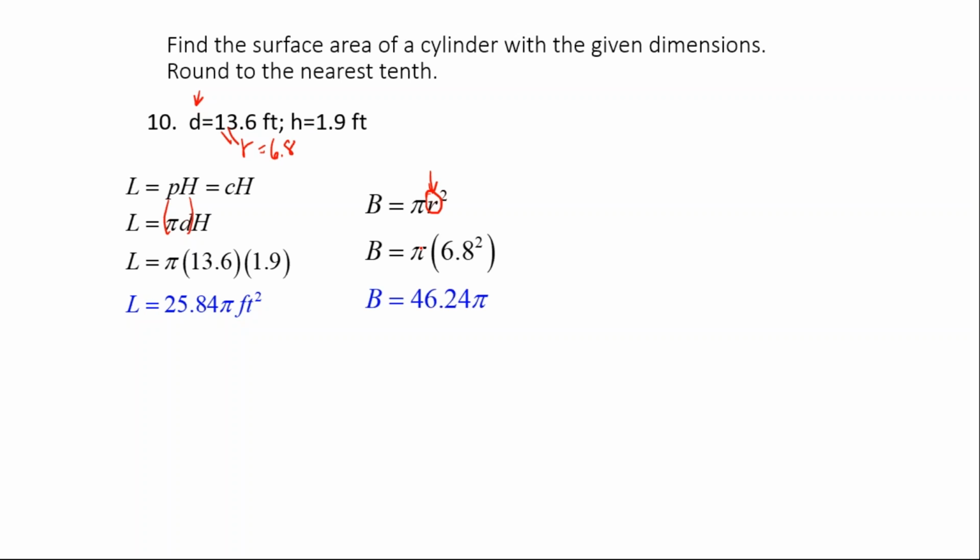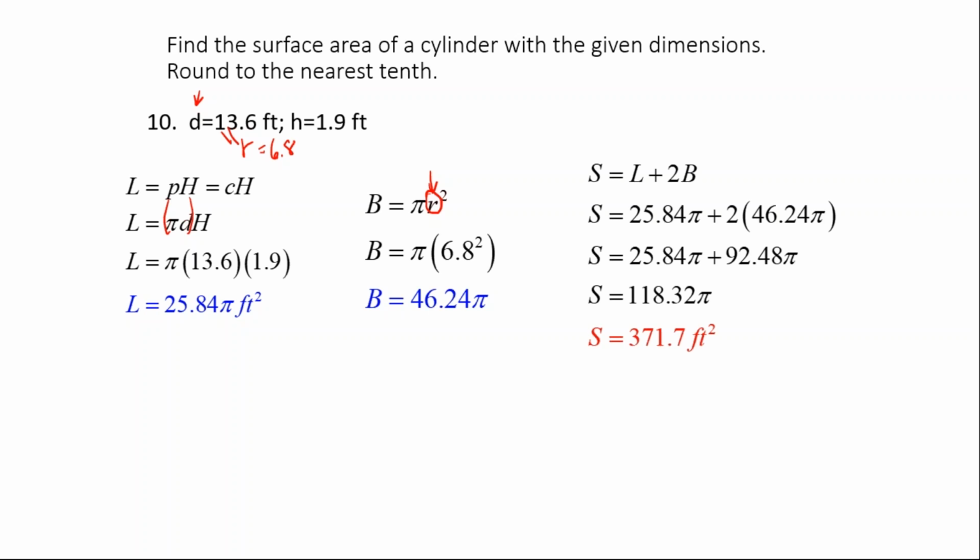Have to have the radius. Radius squared is not the same thing as the diameter. Just like we were doing in last chapter. So there's the final.